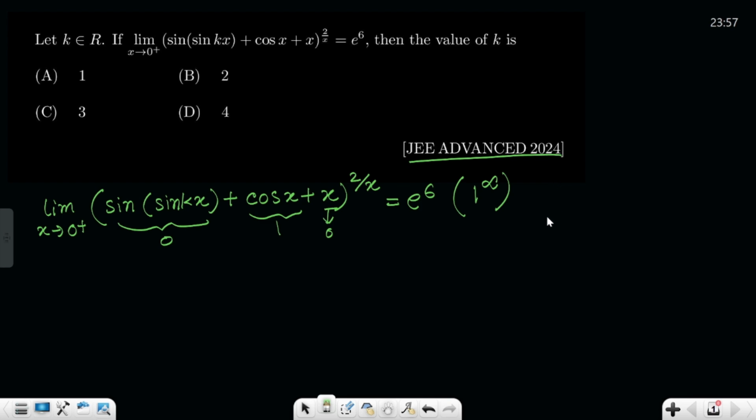Clear? So now we know a special formula for this type of form.